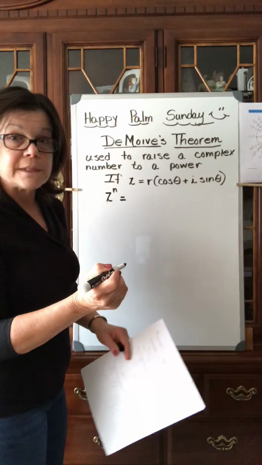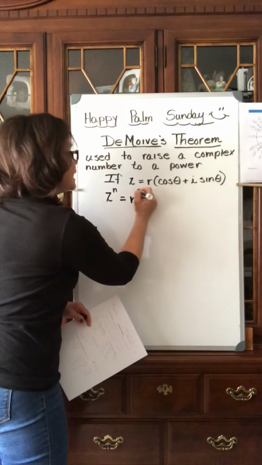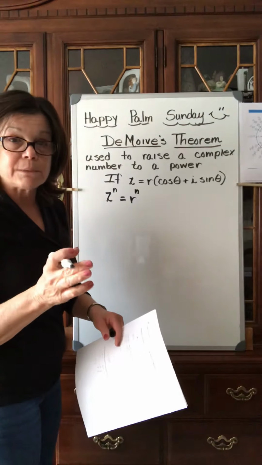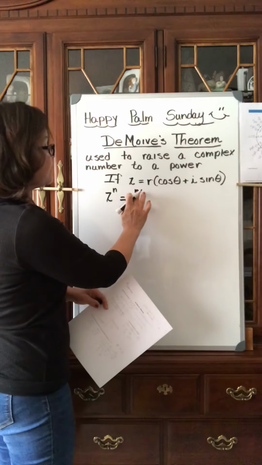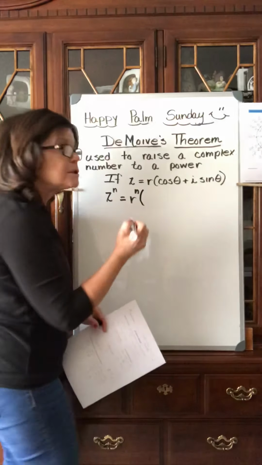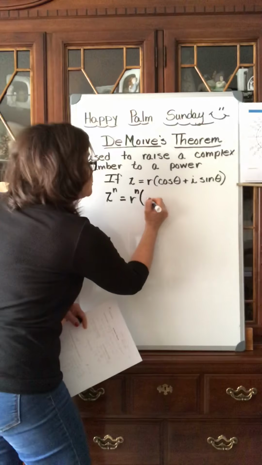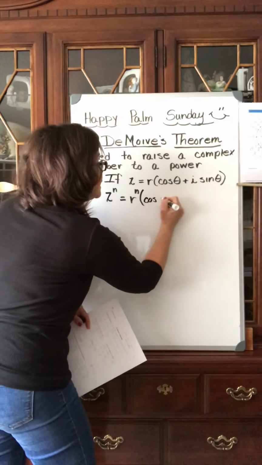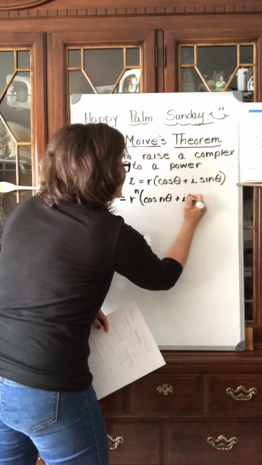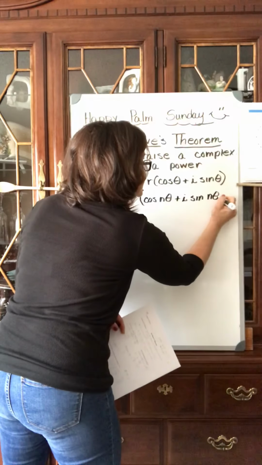The way that you do this is you take the coefficient r, that gets raised to the n power, so whatever exponent you're raising your complex number to, you raise the coefficient r to that power, and then you multiply the angles by the power that you're raising it to. So it would be the cosine of n times theta plus i times the sine of n times theta.